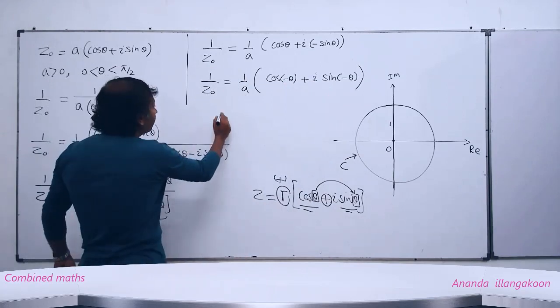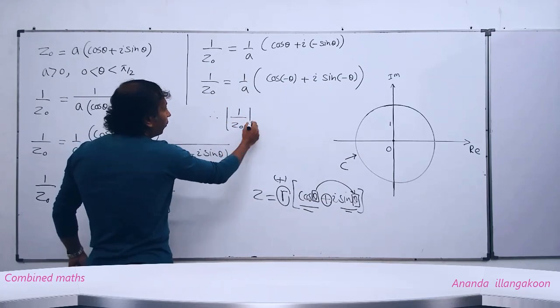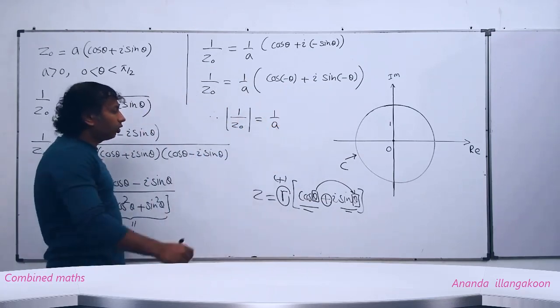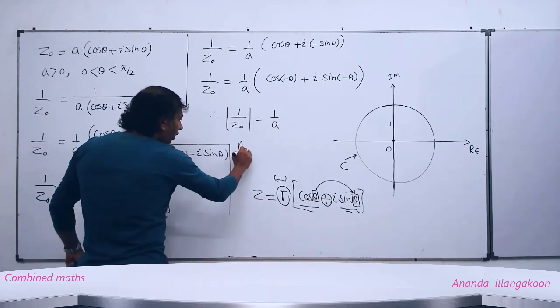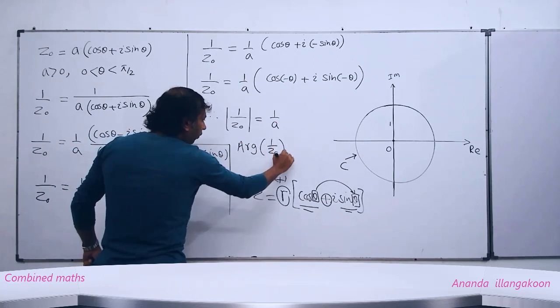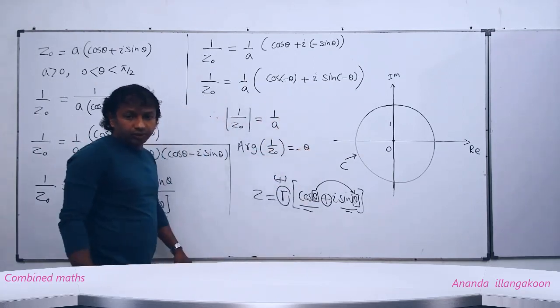What is the modulus? Therefore, the modulus of 1 upon z naught is equal to, people, 1 upon a. And what is the argument? The argument of 1 upon z naught is minus theta. Correct, no?